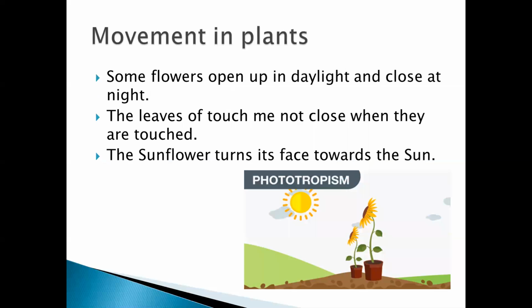In the last part, I explained certain movements according to stimuli, like the stimulus of light and touch. Some plants show movement according to light, and some according to touch. So that is the recap of our day 3 lesson, movement in plants.